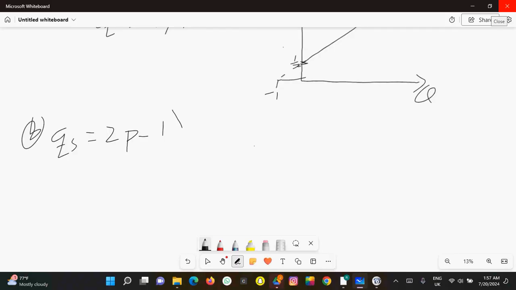Now they said there are 50 identical firms here. So you have to multiply everything by 50, so that we'll get the market supply function.